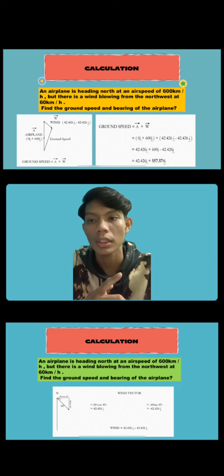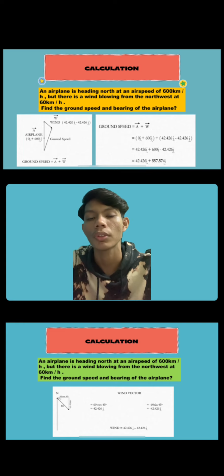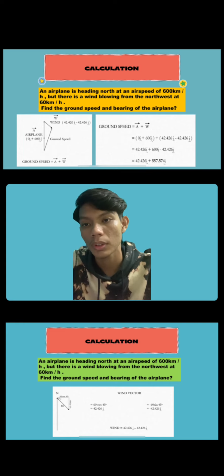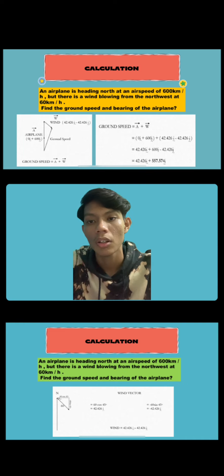So the calculation is 0i plus 600j plus 42.426i minus 42.426j. So the result equals 42.426i plus 557.574j.